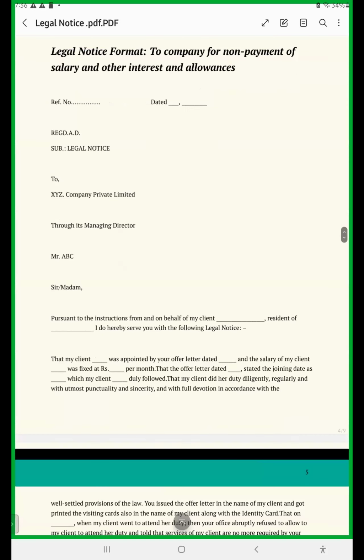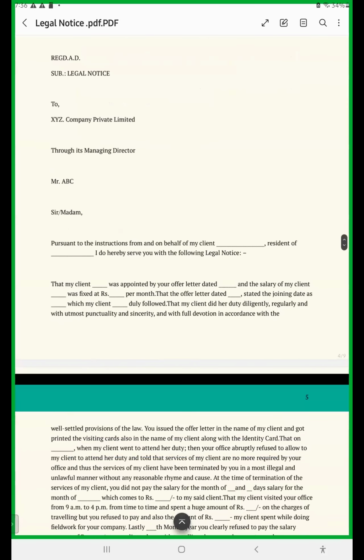Here you can write dear sir or madam, or directly if you write sir and madam, it's fine. Pursuant to the instruction from and on behalf of my client, the name of your client, resident, permanent address, I do hereby serve you with the following legal notice.